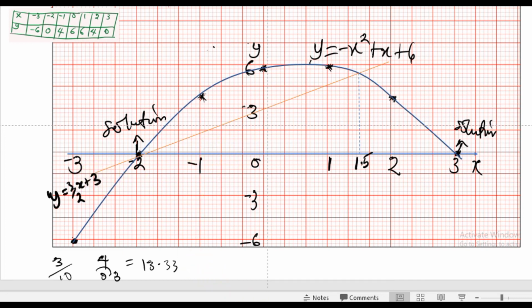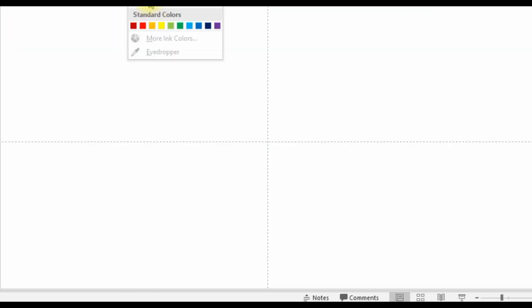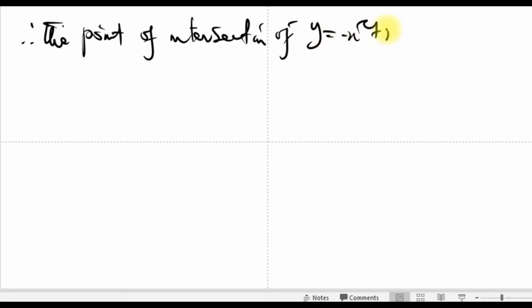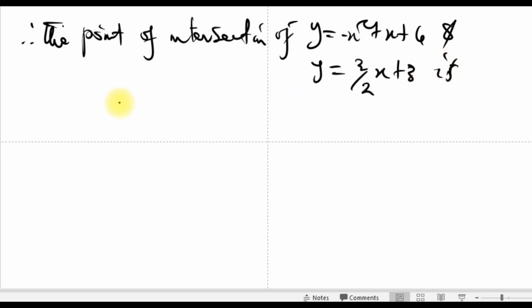So from this, we see that the point of intersection of y equals minus x squared plus x plus 6 and y equals 3 over 2x plus 3 is x equals minus 2 and x equals 1.5. So this is the answer.